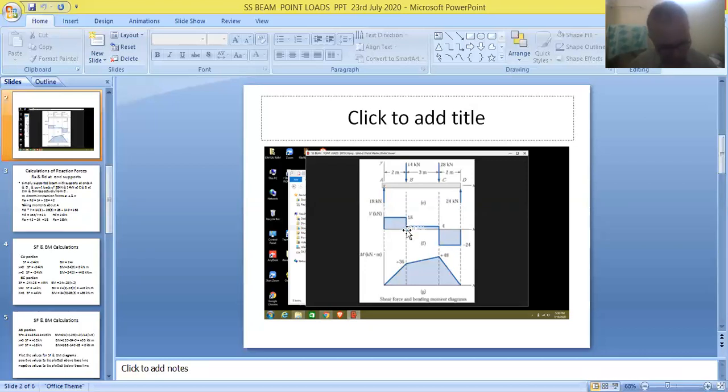And again at X equal to 5 meters, it is obtained as 18 kilonewtons. At 7 meters, finally, it is also obtained as 18 kilonewtons. So we took all the values of SF and prepared the SF diagram. Take all the values of BM and you will be getting the BM diagram. So thank you friends for watching the session.